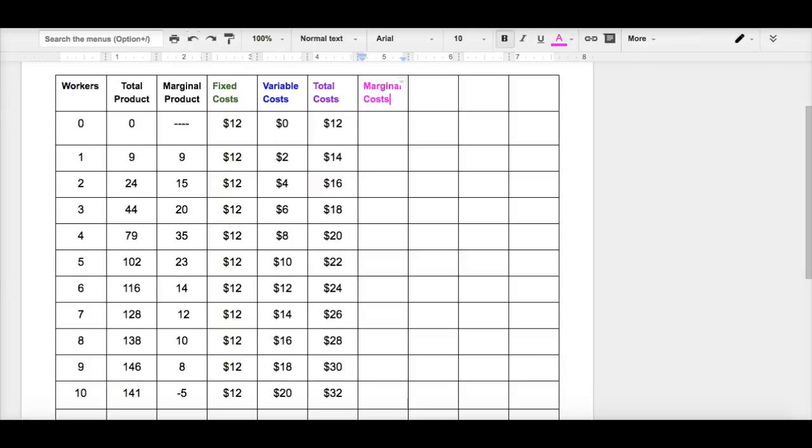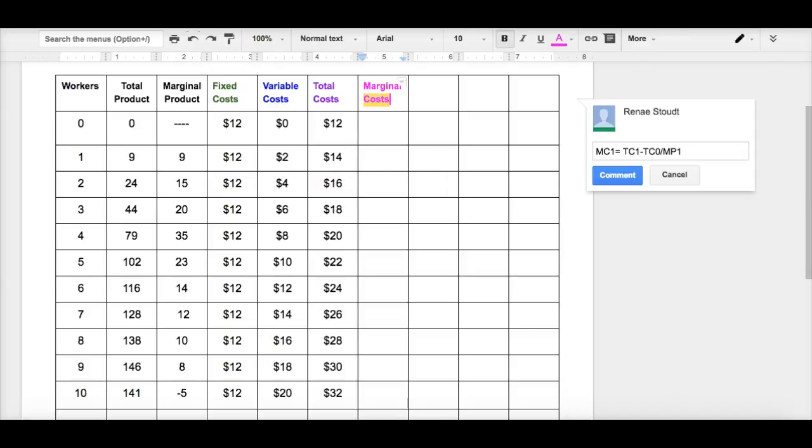So marginal cost, at the very bottom, remember you have all those equations. I am actually going to add a note here that's going to hopefully explain how to do this. So marginal cost at 1 worker is going to be equal to the total cost at 1 worker minus the total cost at 0 workers, divided by marginal product at 1 worker.